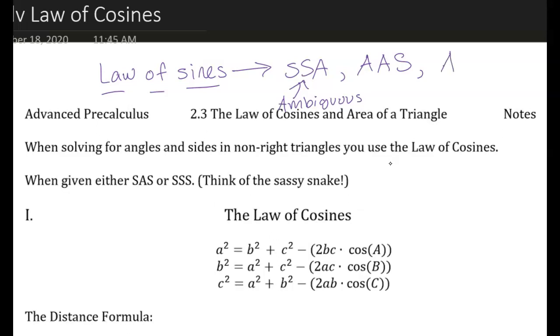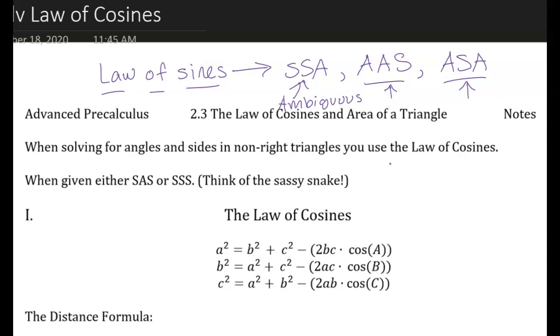Yeah, angle side angle. You need to know this, because you could always try to apply law of sines and sometimes it would work, but basically you need to have either ASA, AAS, or SSA to apply law of sine.